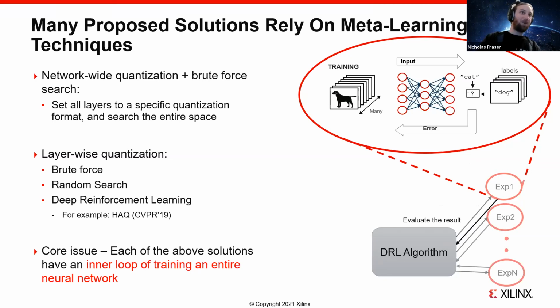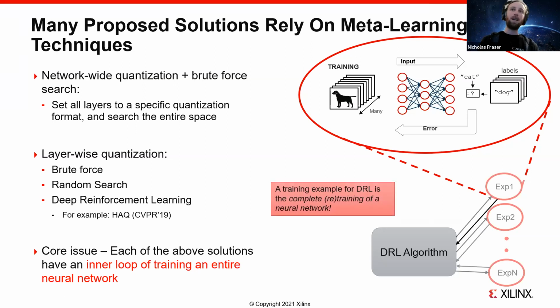Then it's going to train the whole network, get your accuracy results and go like, oh, that wasn't a great configuration that I've just used. And it's going to update its model so that it can make a better estimation of your quantization parameters for the next time, right? So as I said, every internal loop of this is actually training or retraining your neural network.